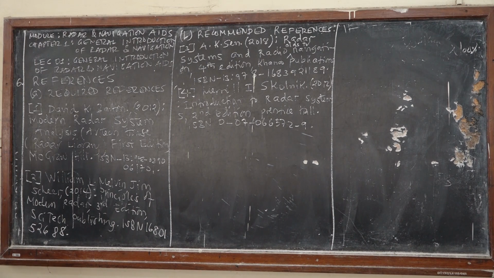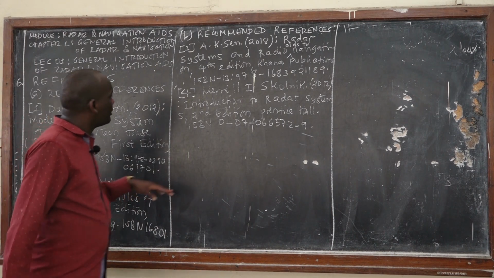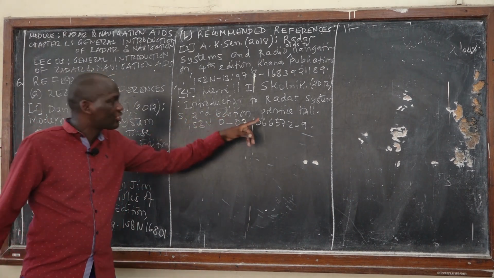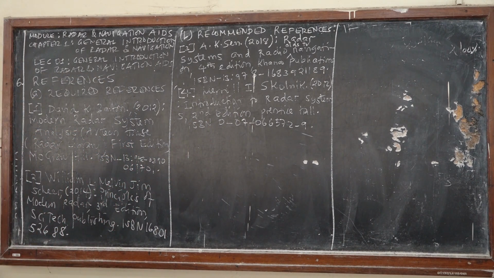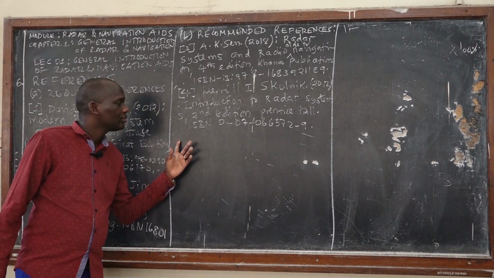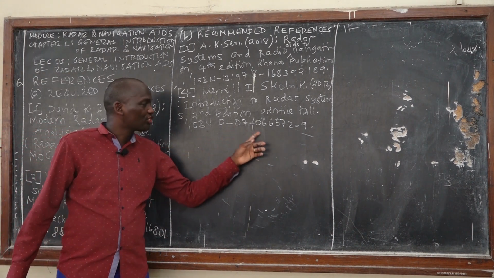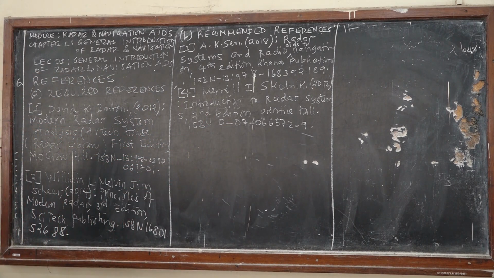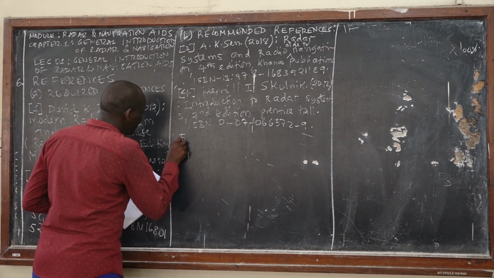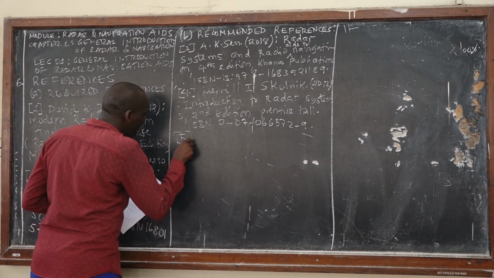Then Introduction to Radar Systems. Second edition. Prentice Hall. ISBN 007066579-29.